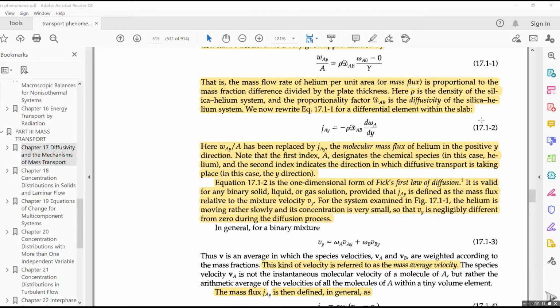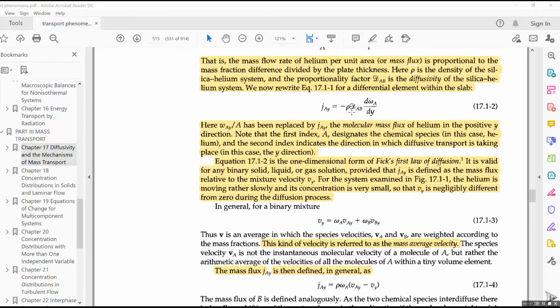Finally, we can write the differential element for the slab, and we obtain JAy here. That means the molecular transportation of A in the positive y direction is defined by minus rho DAB dWA/dy. That means the concentration gradient of the helium gas creates the transportation of the helium from one point to another point, and this is also proportional to the diffusivity of A inside of B and the density of the mixture.